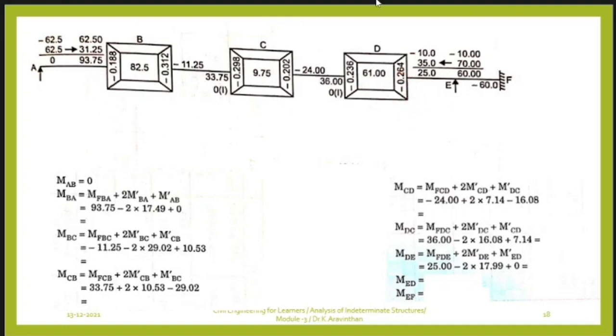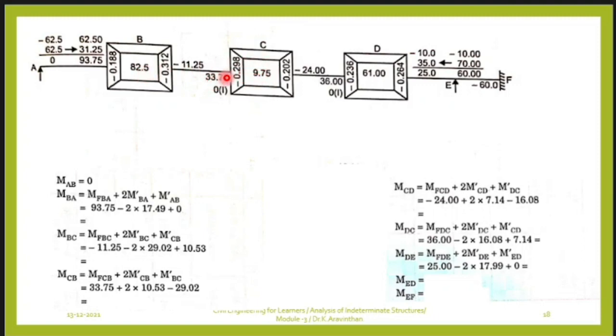First write the rotation factor and write the values here. What is this value? How did you get 82.5? Add 93.75 minus 11.25. What is your answer? 82.5 will be your answer. And what should be written in the center?